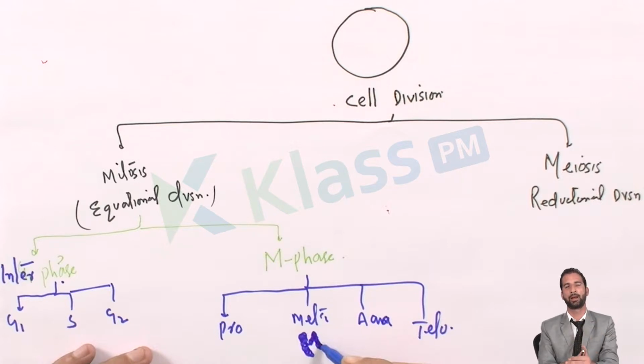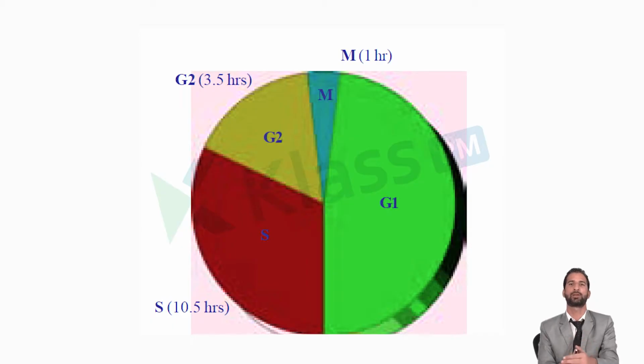Interphase has subphases like G1 phase, S phase, and G2 phase, and the M phase has its own subphases like prophase, metaphase, anaphase, and telophase. We will go chronologically through what happens in G1 phase, S phase, G2 phase, and the M phase.